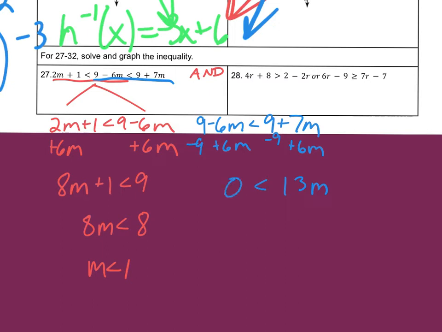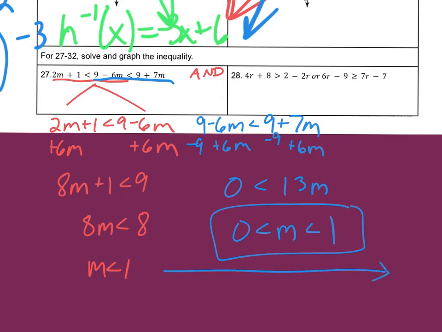So that's going to give me 13m is greater than 0, or just m is greater than 0, because 0 divided by 13 is just 0. Okay? So this is the same thing as m is greater than 0 and less than 1. So if I write it like that, I can graph that by just putting it on a number line. Open dots, and I know it's a segment because it was an and function.